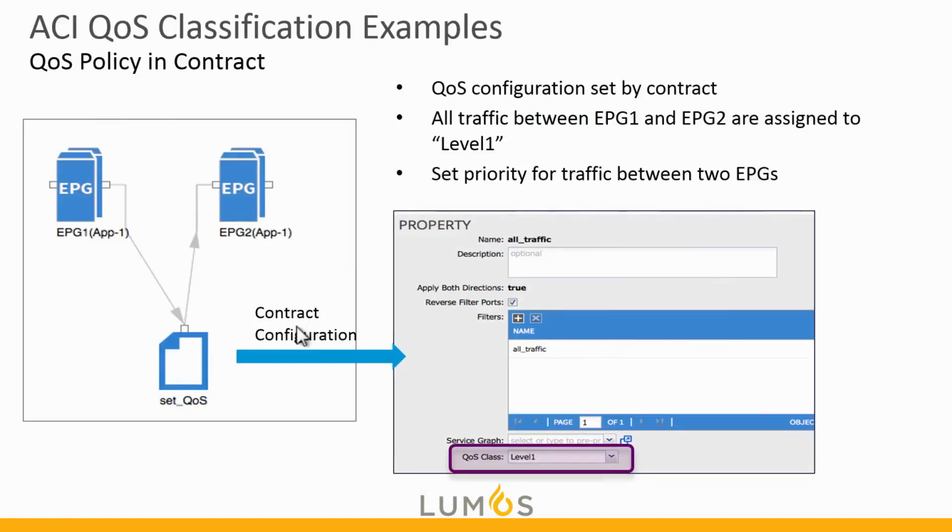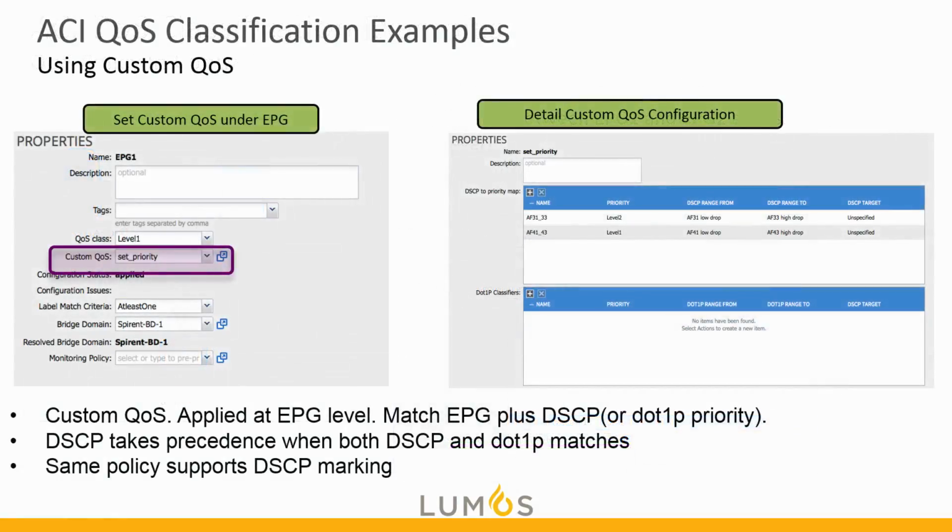So for instance, I have EPG app1 providing a set QoS contract, and it's being consumed by EPG2. Okay? So at this point, we want to set the priority level for all traffic between my EPG1 and EPG2 to QoS level 1. Taking a look at custom QoS under the EPG, I can set custom QoS here.